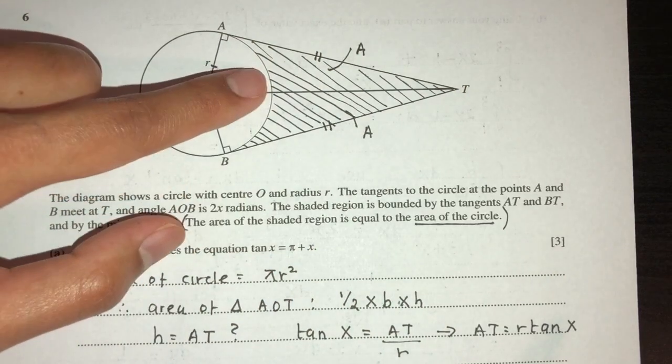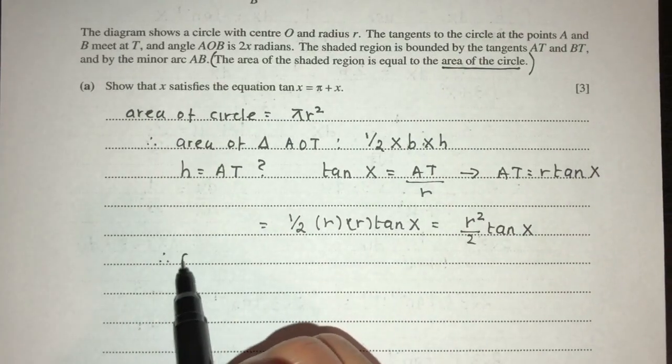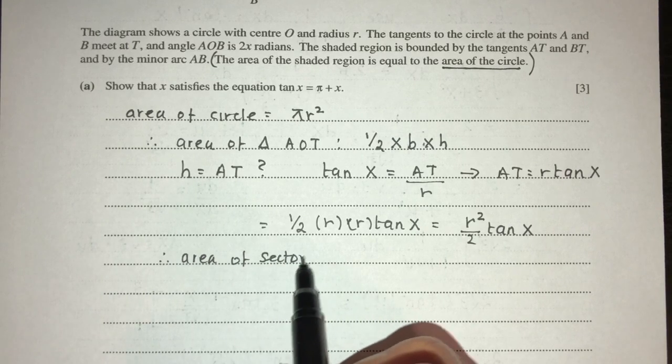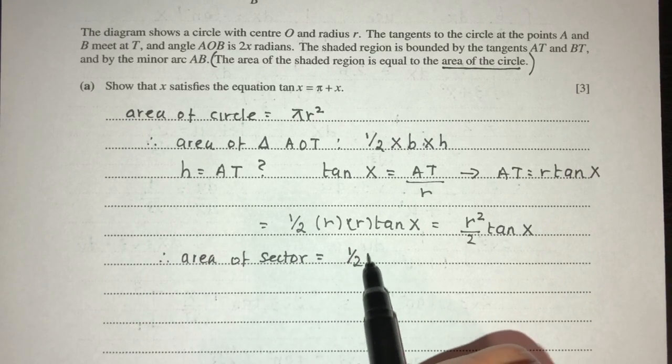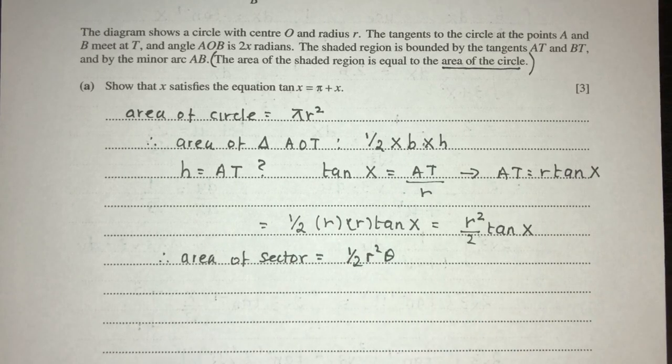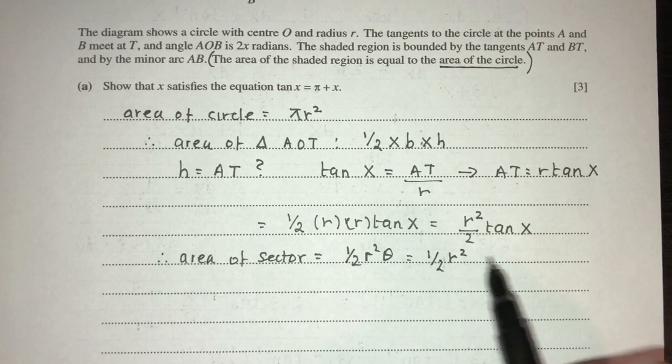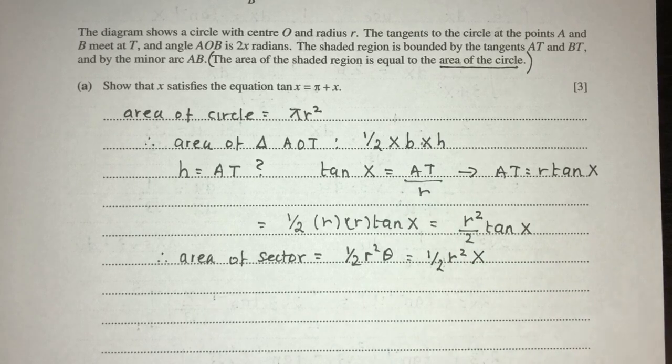Now we have to find the area of the sector, so we can minus that part. So area of sector is half r squared theta. So half is half, r squared is r squared, theta is the angle, which is x.